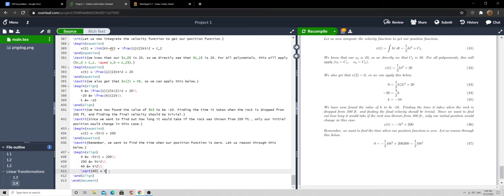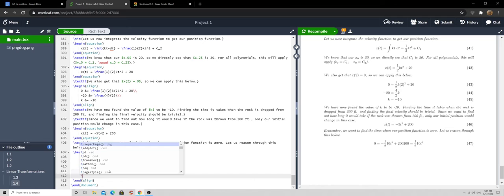Equals t, and then we can simplify this by just taking out the 4, so we just have 2 times square root 5. Right, simple enough. Uh-oh, sorry, it's 10. I can't really simplify further. And there we go.